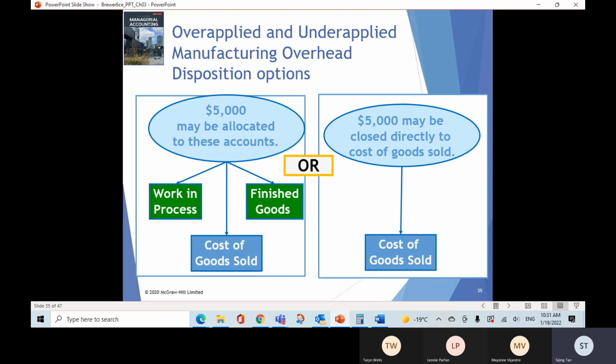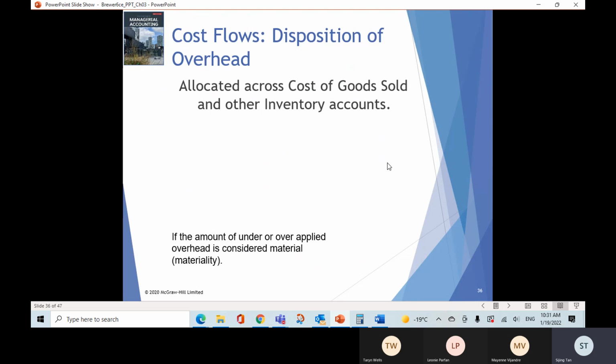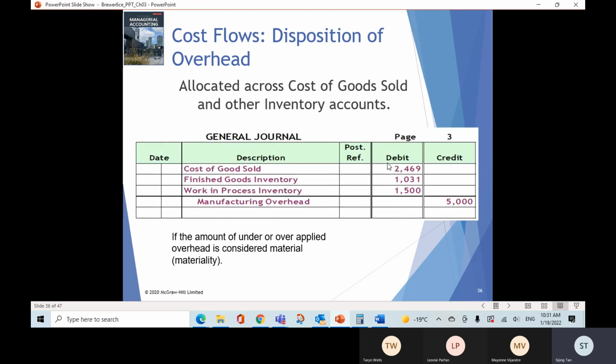Why are there differences? Why sometimes do we just put it into cost of goods sold, but other times we put it into different accounts? Clearing account. We allocate across cost of goods sold and other inventory accounts because the amount of under or overapplied overhead is considered material.